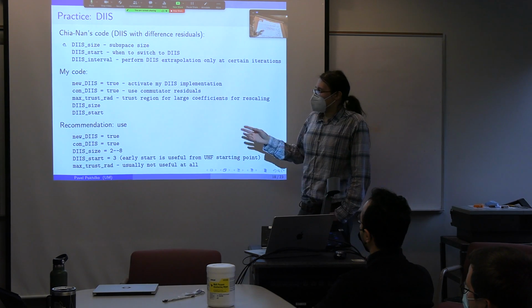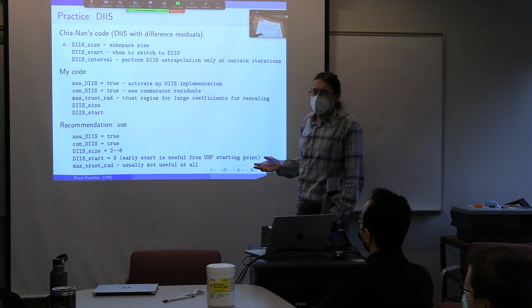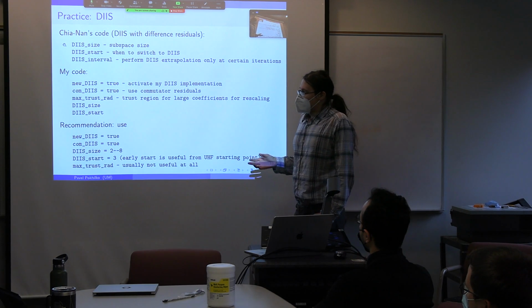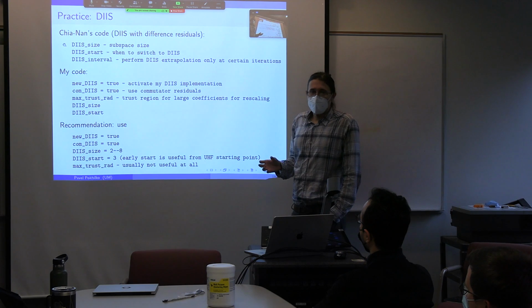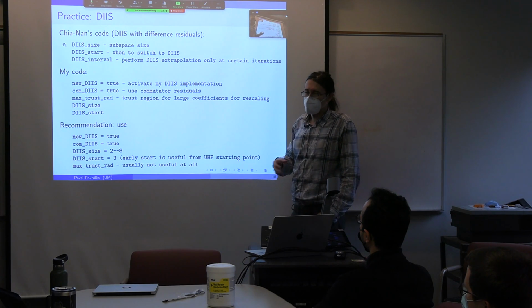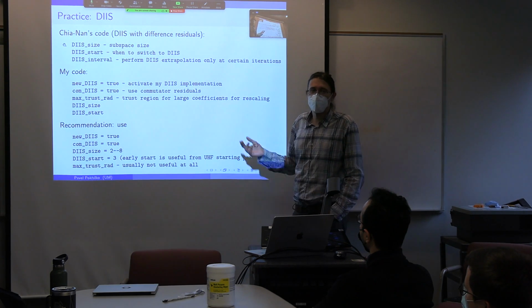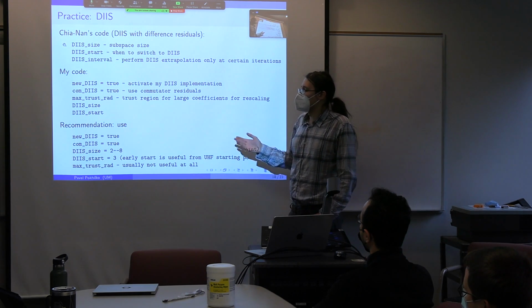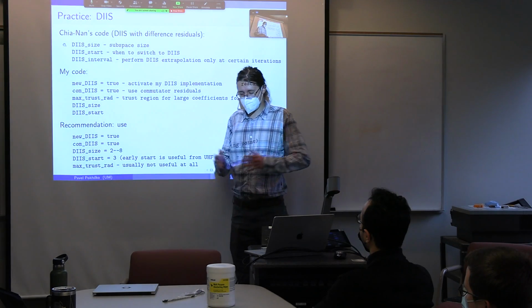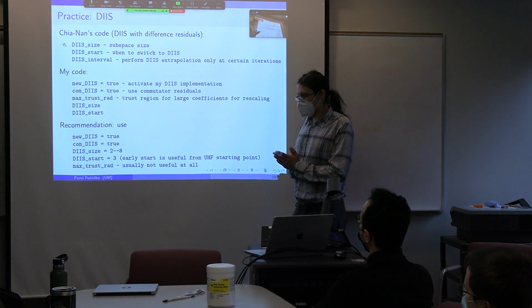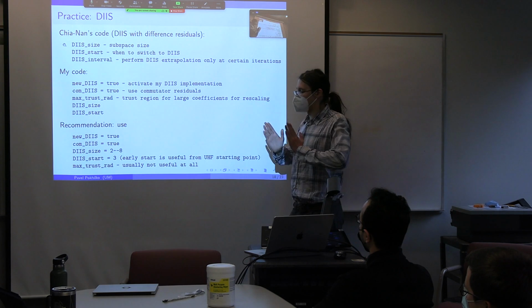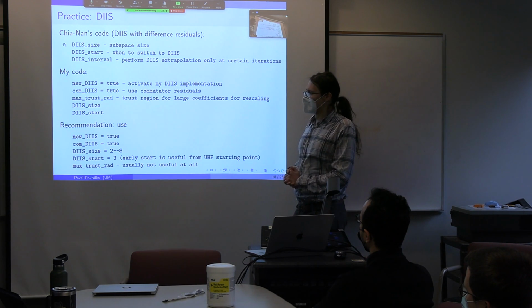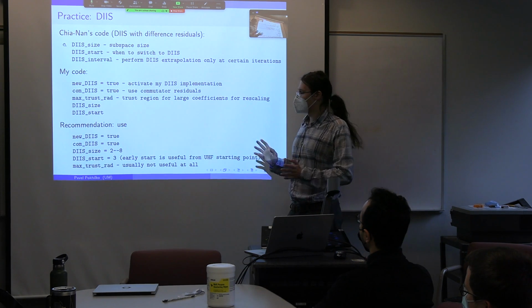I played with trust region techniques. Basically, if the extrapolation coefficients are very big, then the extrapolation may be very poor, as in the case of the difference residuals. So I put some constraints on how big the sum of the absolute values of the coefficients can be. It may not be optimal, right?